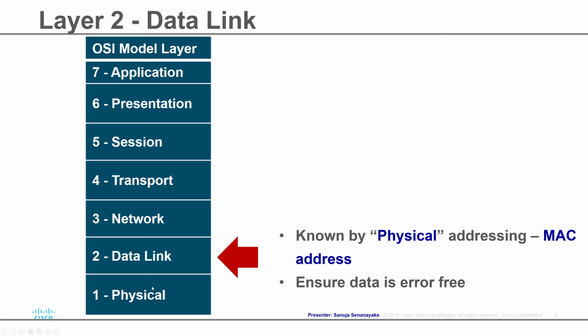We looked at the physical layer in our previous presentation. So now we're going to focus on the next layer on top of the physical layer, which is the data link layer. The data link layer is used for things like MAC addresses, which is the physical addressing, and it ensures data is error free.